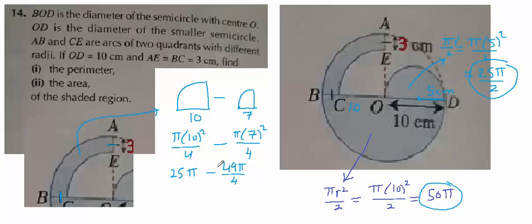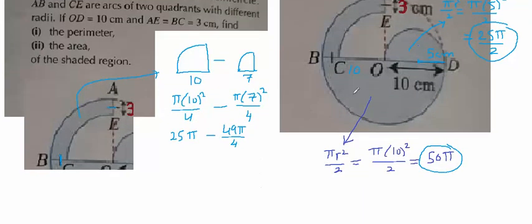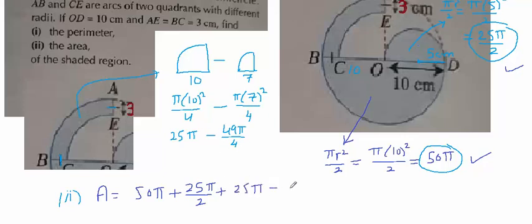So we got the result of this, that this shaded area, part 2 of this question, is equal to this area 50 pi, plus this area which is 25 pi by 2, and this one which is 25 pi minus 49 pi by 4.